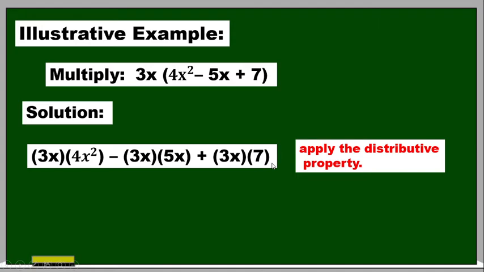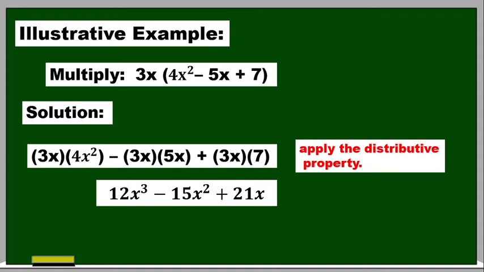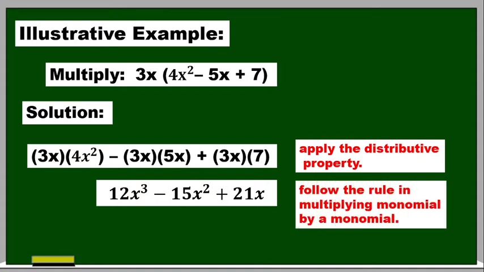So that is what we call applying distributive property. Next. So you are going to follow the rule in multiplying monomial by a monomial.